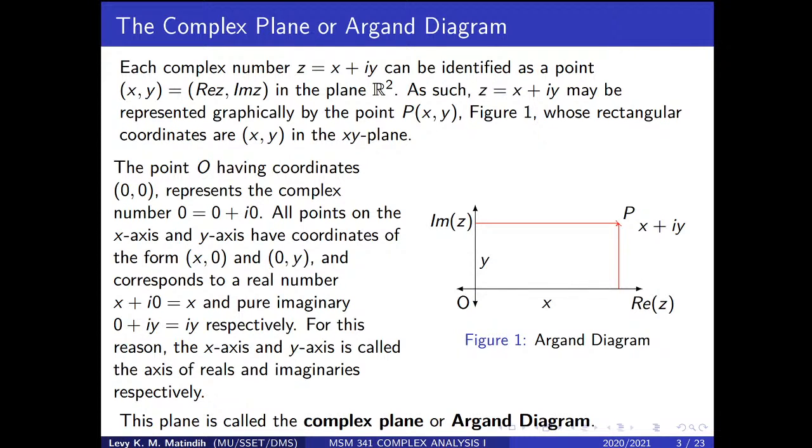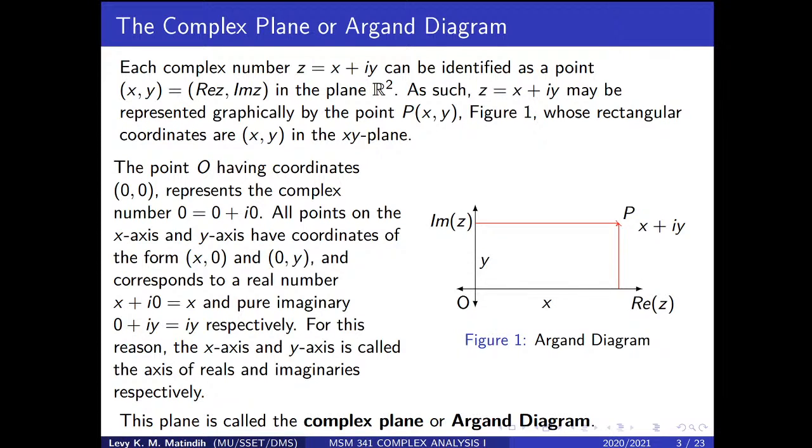So if the complex number is along the x-axis, we can represent it as (x, 0): the real part, comma 0, because the imaginary part will be 0. Also along the y-axis, the imaginary axis, the real ordinate, which is the x coordinate, will be 0, but the y ordinate will be some value.